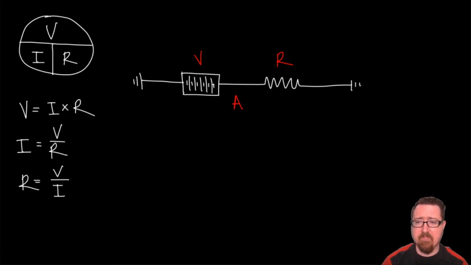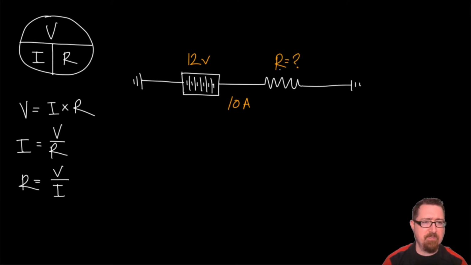Okay, so let me go ahead and erase this, and we're going to plug in a couple numbers here just at random, just to walk you through what that would look like. So let's pretend for a second this battery has 12 volts and we have a 10 amp circuit. What is the resistance of this load?